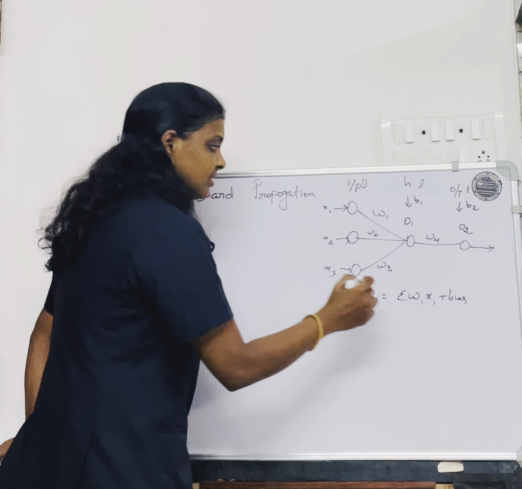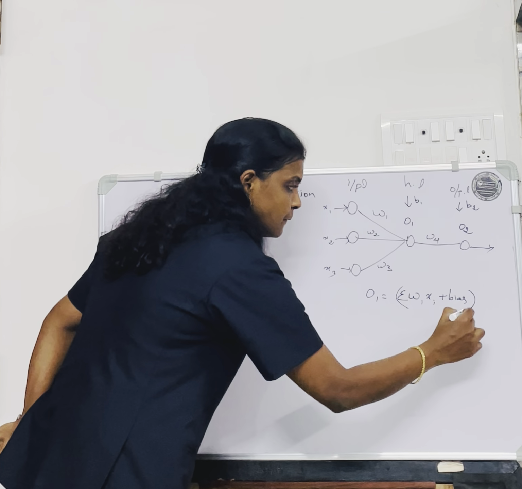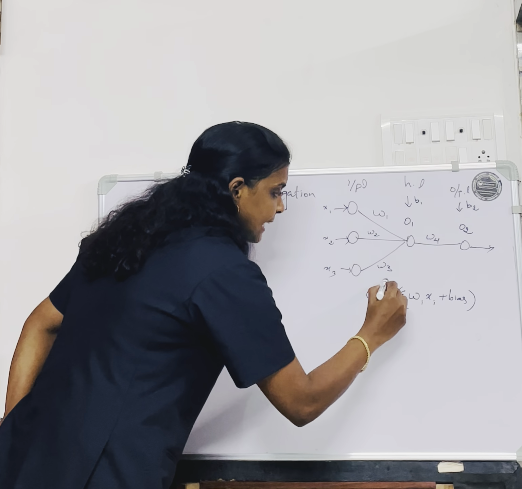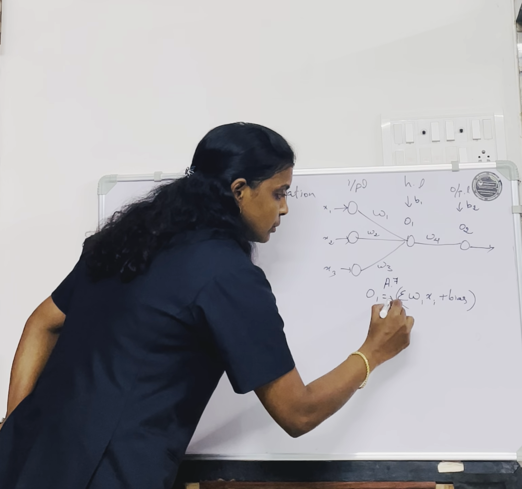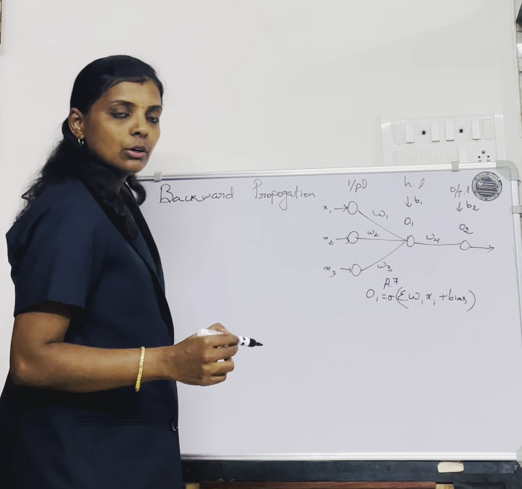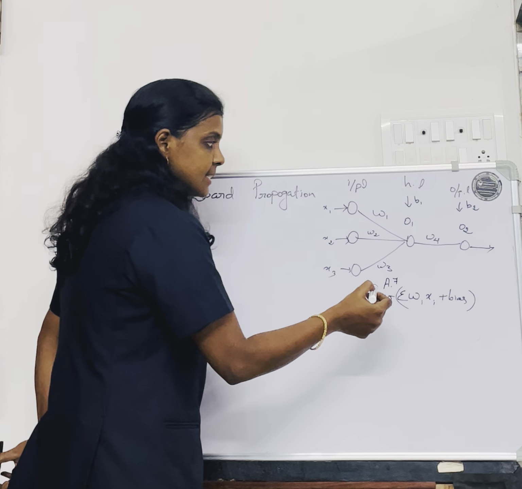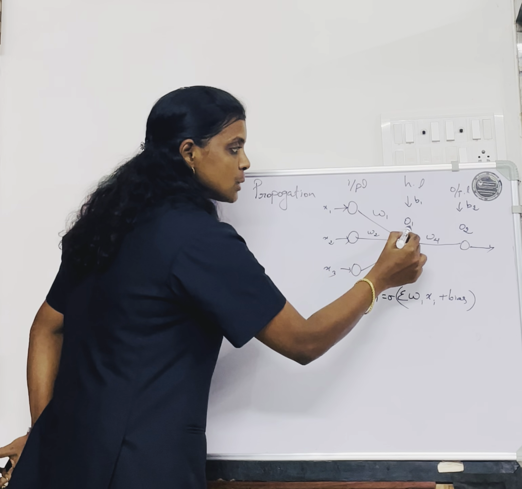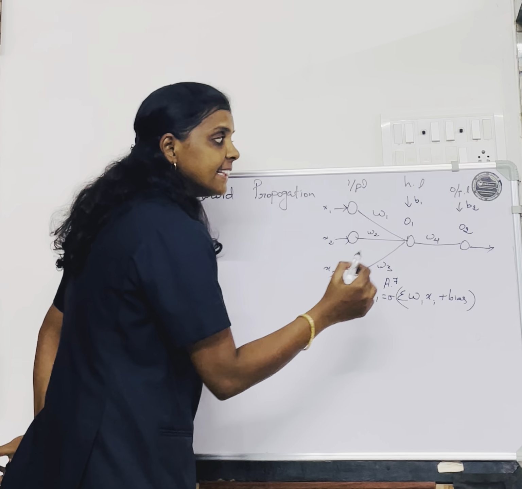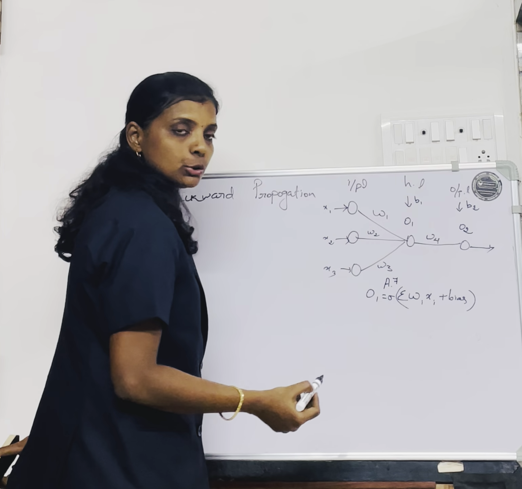Okay. After calculating this, we have to apply activation function. I just mentioned like this. Then afterwards, we have to multiply this O1 and W4. Then only we can calculate this O2.